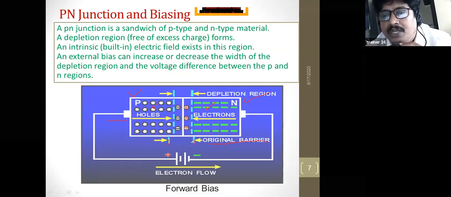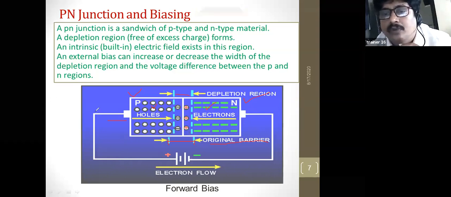See here, this is the original depletion layer, and then it decreases. Due to the attraction between the positive and the negative charges, the depletion layer decreases. Thereby the electrons will flow.